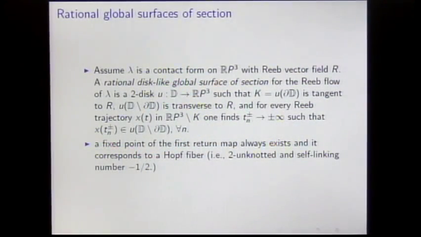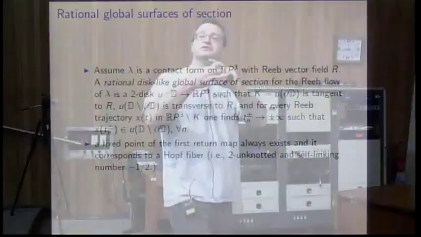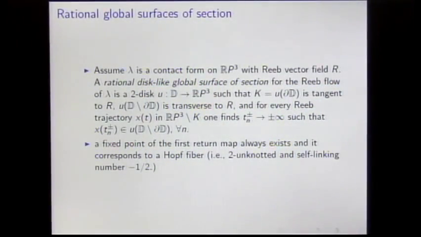All trajectories outside the boundary will hit this disk infinitely many times. So since this map preserves an area form, it has a fixed point, and also in this situation you have another, let's say, Hopf fiber, which is transversely isotopic to one of those special Hopf fibers that I showed before.